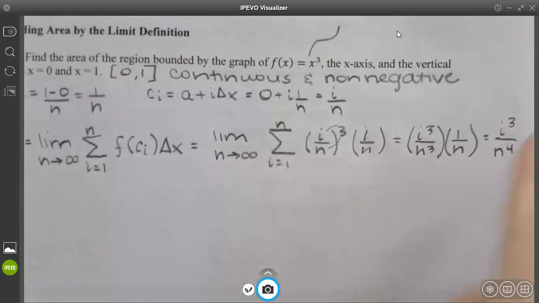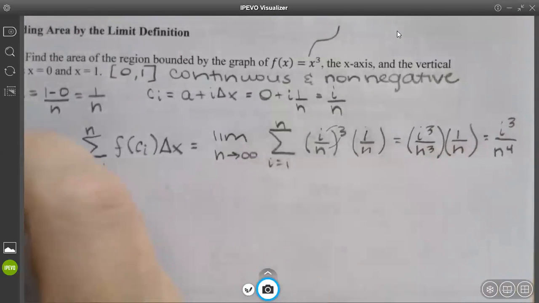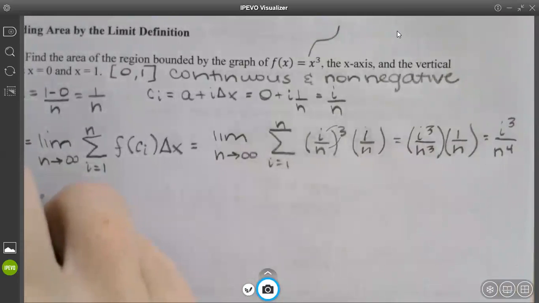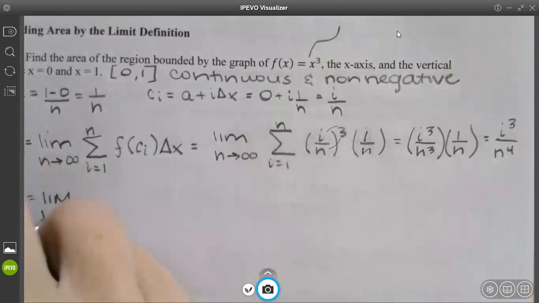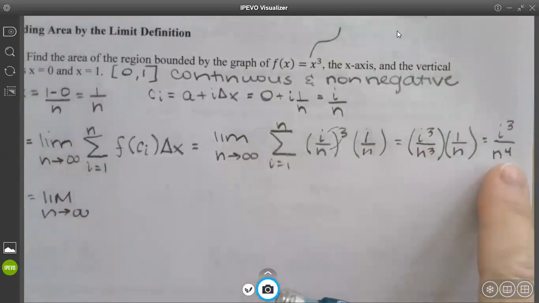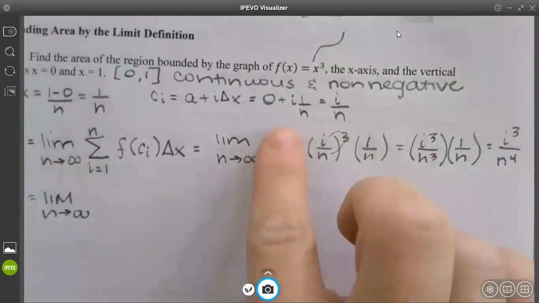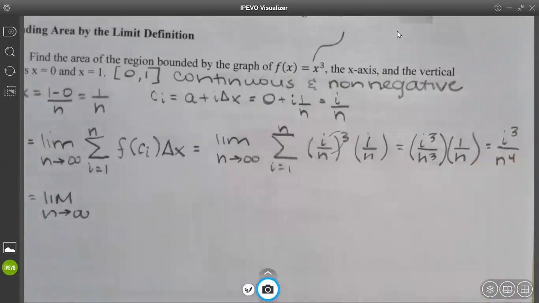All right. So what did I have to do yesterday with this? I've got to do the summation, but what do I got to do before I do the summation? Reduce it. Tell me what you mean by reduce it.